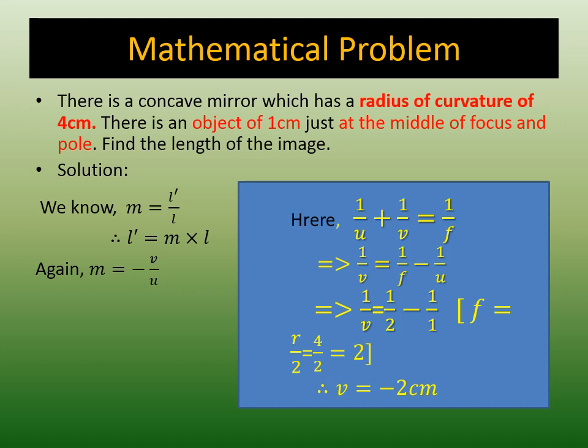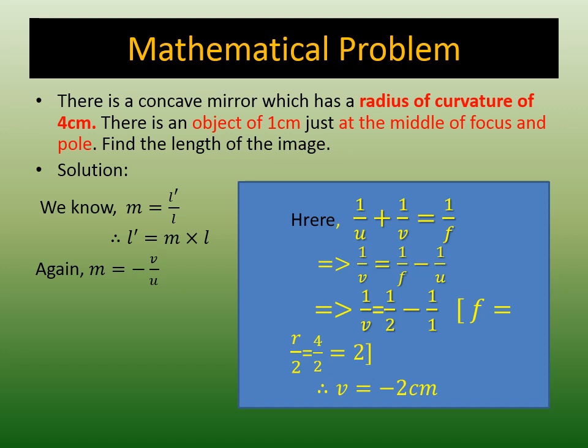Again, I can explain this. We have got the focal length f is equal to 2 as the radius of curvature is 4 and we know f is equal to r by 2. By solving this we have got the value of f. Focal length means f is equal to 2, and in the question we have the message that there is an object of 1 centimeter just at the middle of focus and the pole.